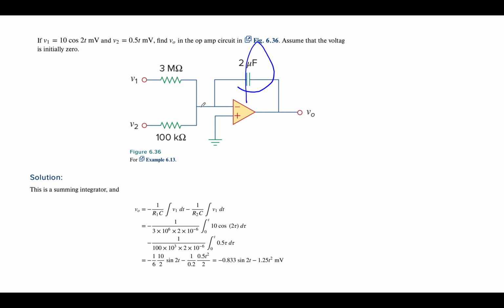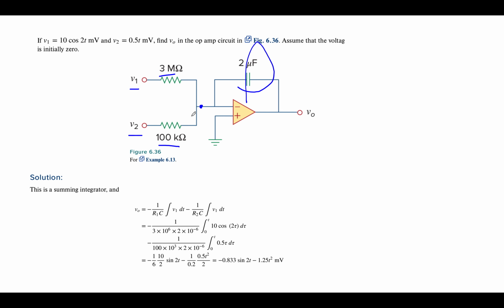But notice at the input, you don't have a single input, you have 2 inputs. You have V1 and V2, each of which is connected to a different resistor. And so what you've really built here is a summing integrator, or an integrating summer.